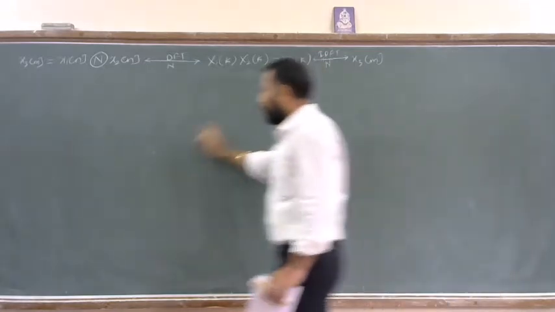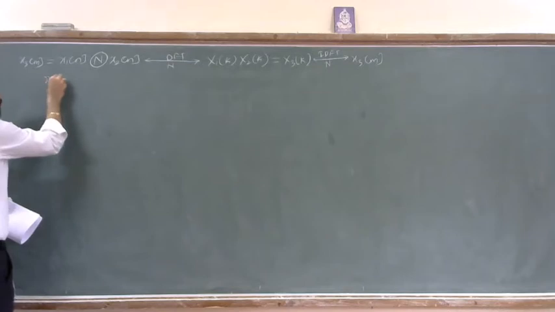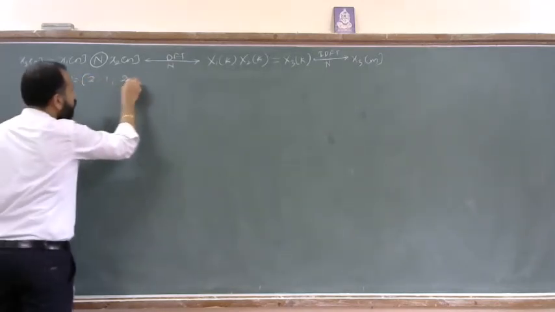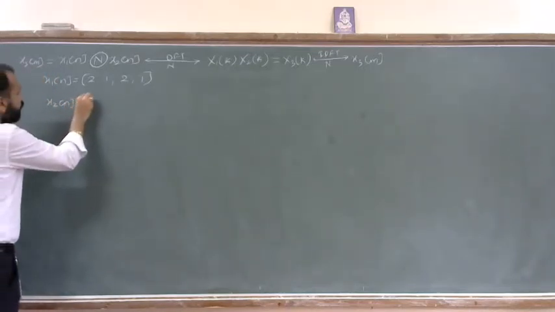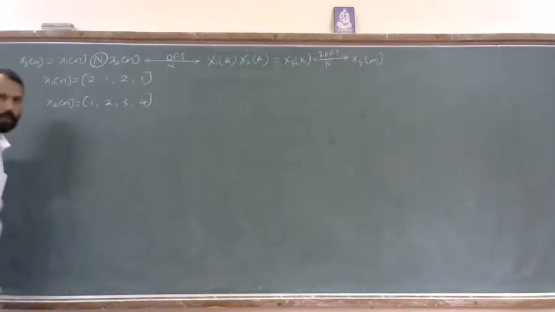Let us read the same problem: x1 of n is the 4-point sequence 2, 1, 2, 1, and x2 of n is another 4-point sequence 1, 2, 3, 4. These two sequences we considered in the previous class.